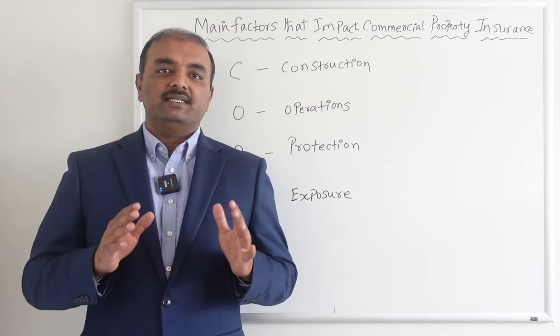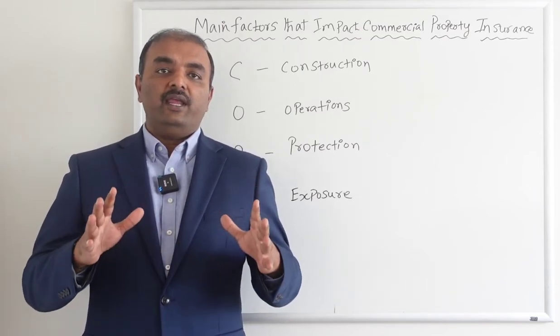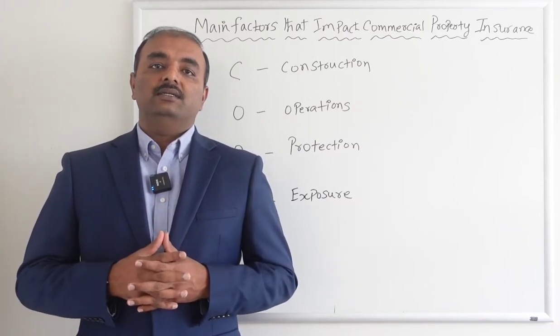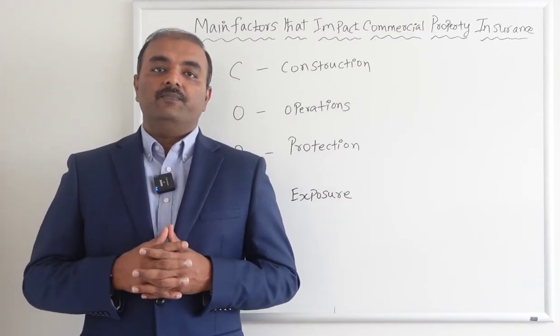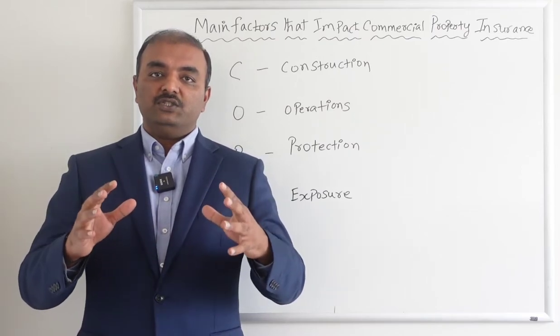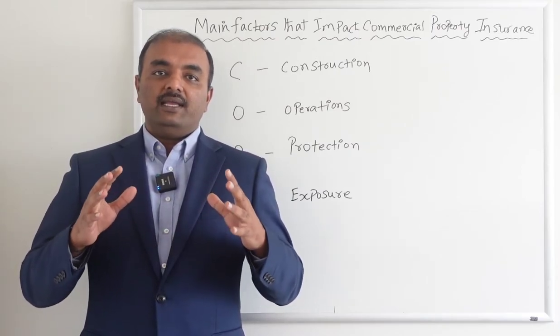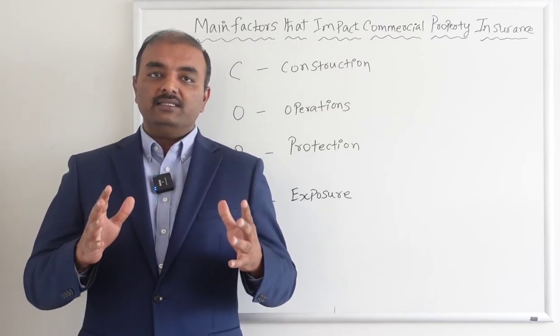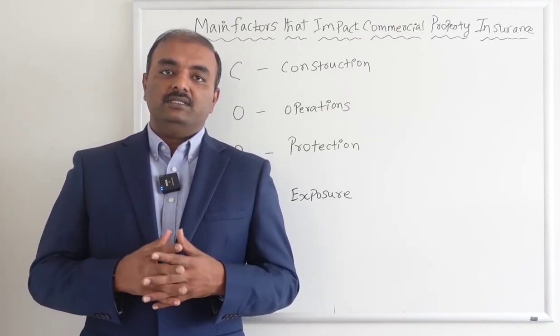Today I'm going to take a training on 4 main factors that play a major role in deriving the premium for commercial property insurance. Just to have a quick recap, commercial property insurance is for commercial buildings and other exposures specific to a company.